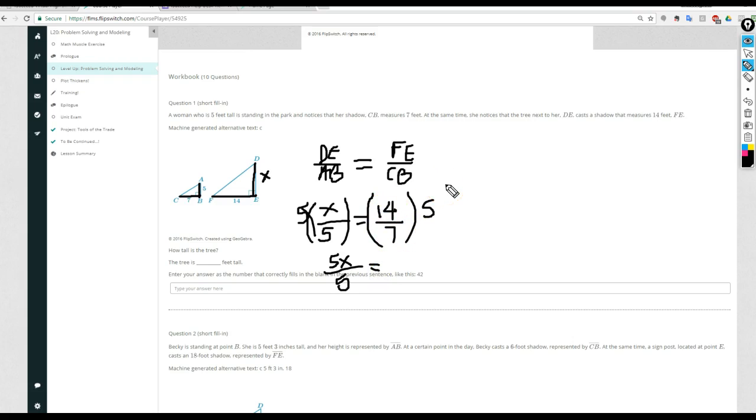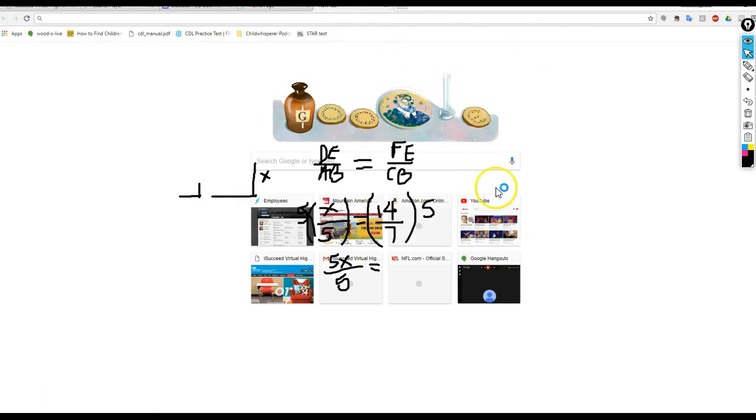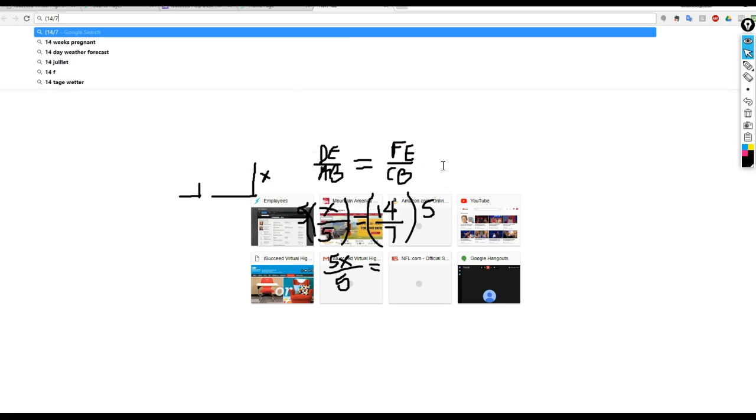Since those are all numbers, I'm going to type that in my calculator, or I'll pull it up in Google to show you. So we have parentheses, 14 divided by 7, close parentheses, times 5.